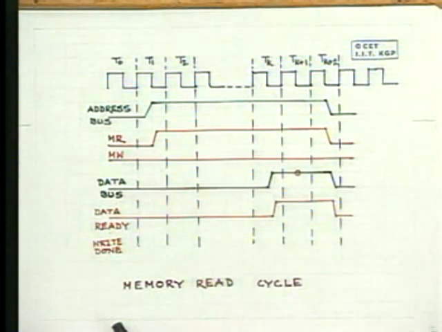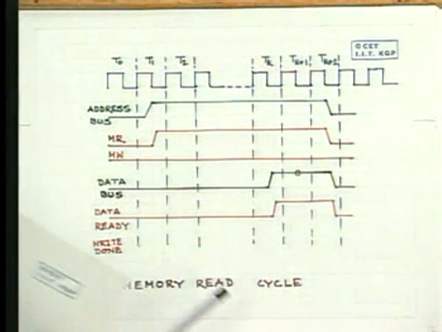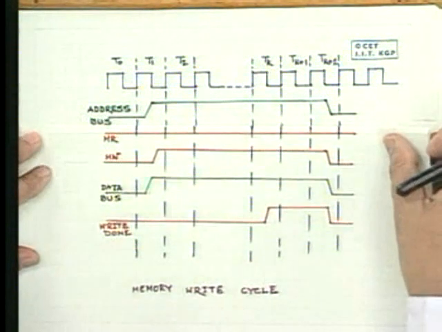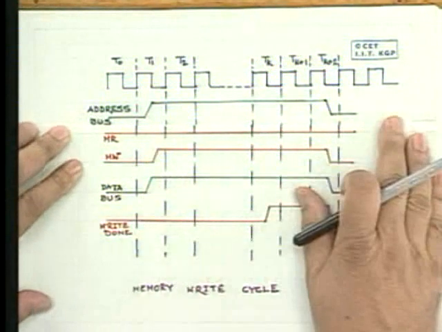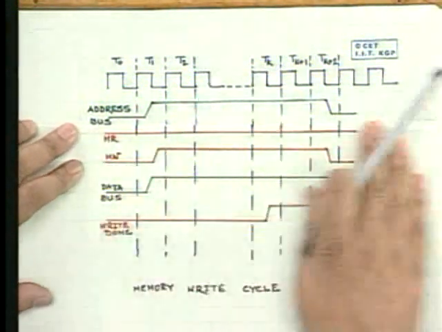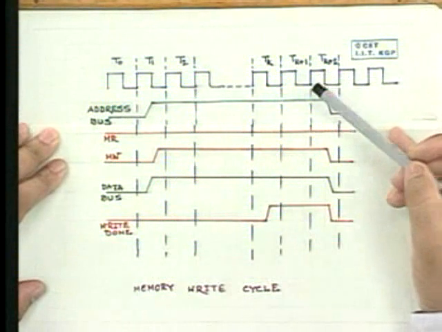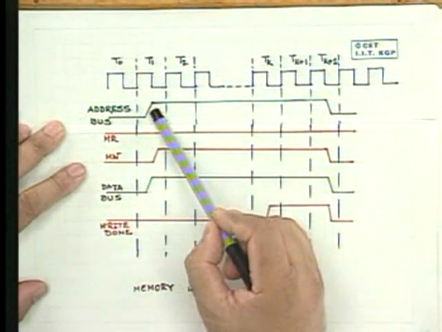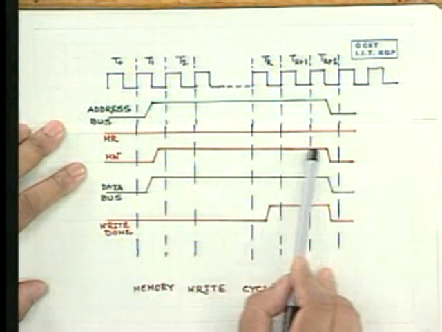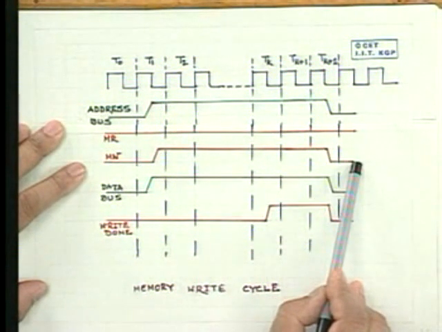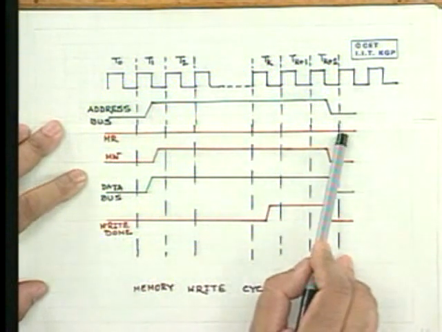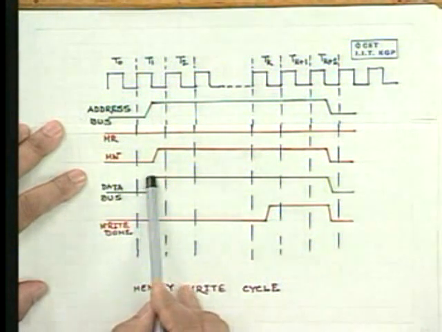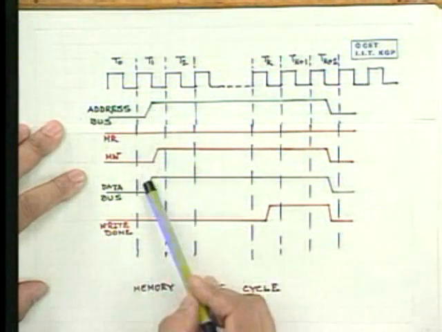Okay, this is where the memory read cycle is concerned, right? In the case of a memory write, the signals will be somewhat similar. You see in the case of a memory write, the CPU sends the address. Once more, the address bus is activated at T1. Here the memory write is activated, not the memory read. The data bus, in the CPU sending, is activated immediately as the address bus is thrown.